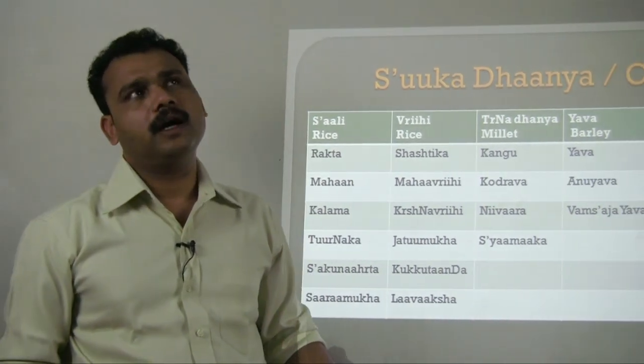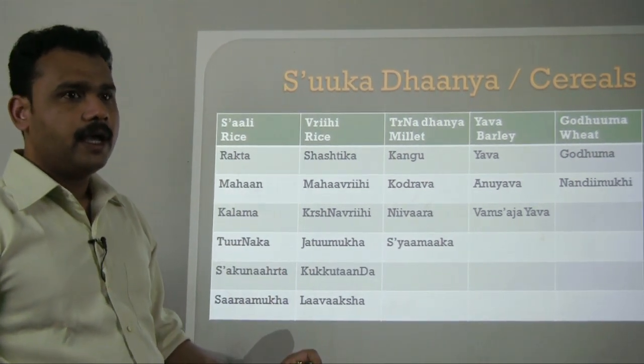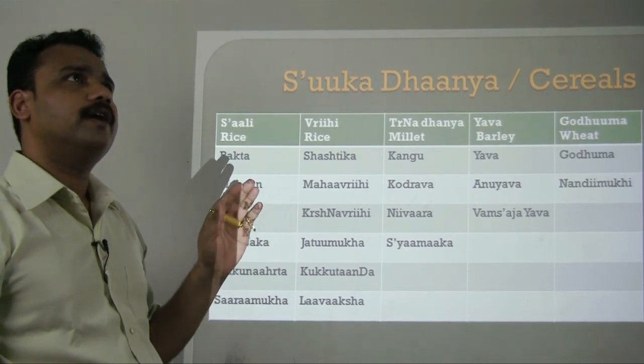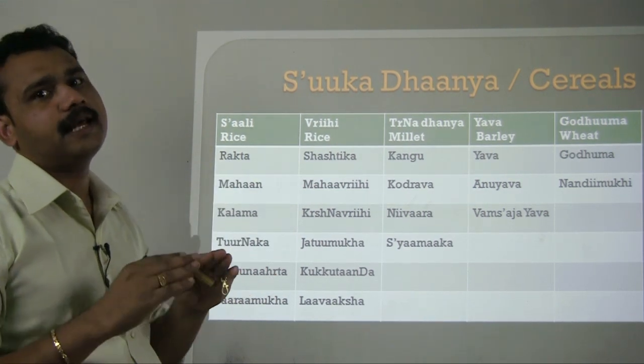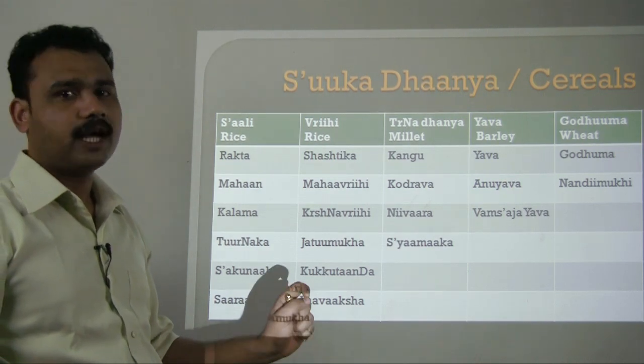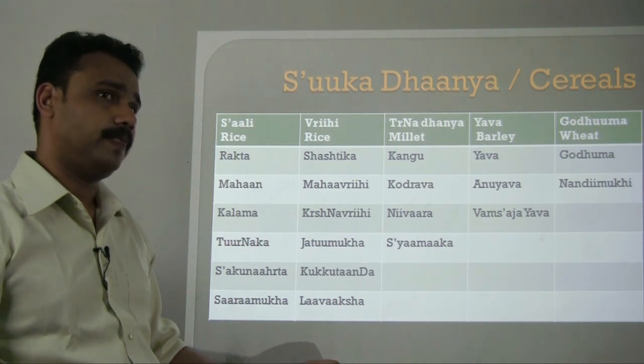And from the topic of Dhanya Varga, the whole group of grains is subclassified into two: Shuka Dhanya Varga and Shimbi Dhanya Varga.